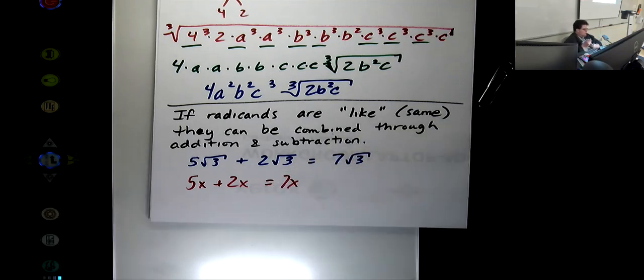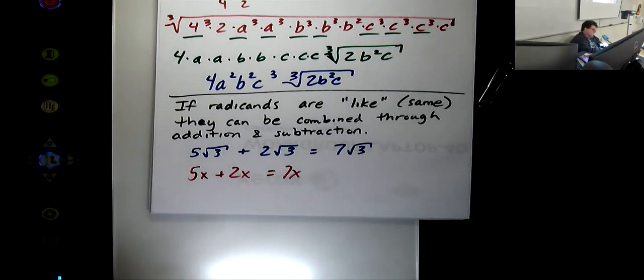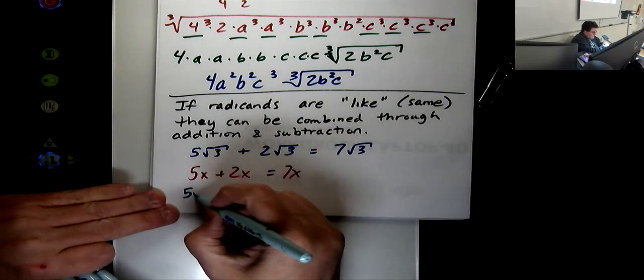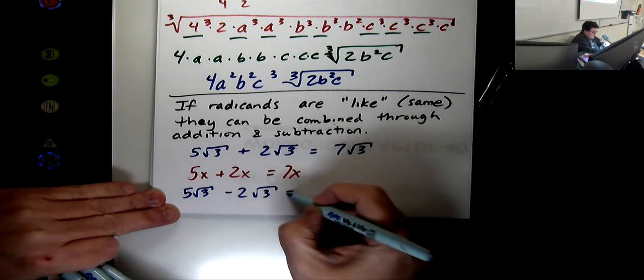It works the same way with radicals that have the same interior part. Same with subtraction: 5√3 minus 2√3 is 3√3.